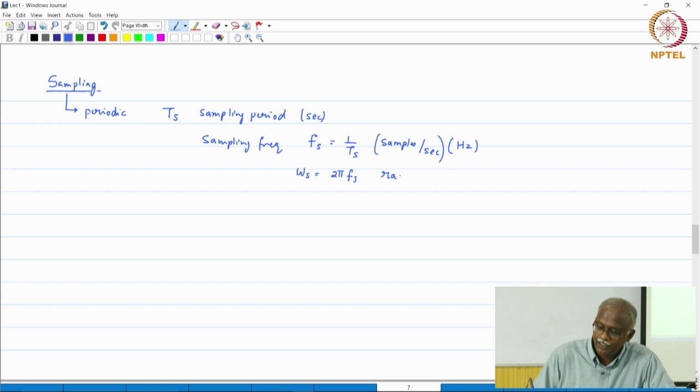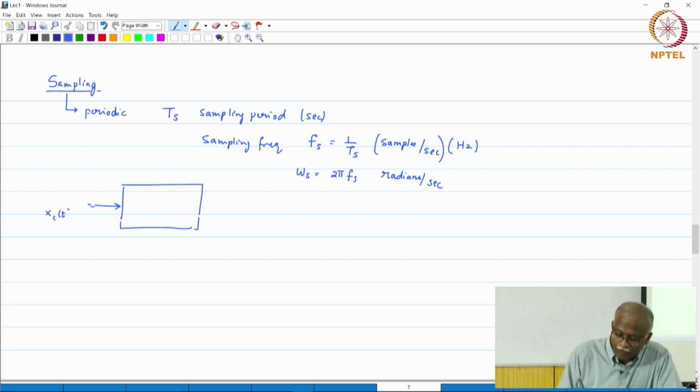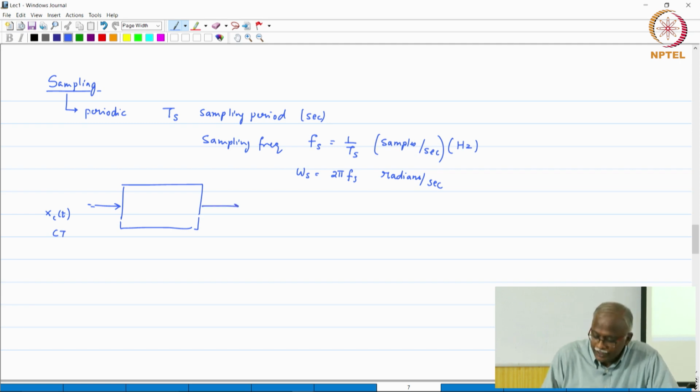This would be in radians per second. You just need to be equally comfortable working with this. So we have an underlying process where we would like to go from the continuous time domain xc of t, a continuous time signal, to a discrete time.